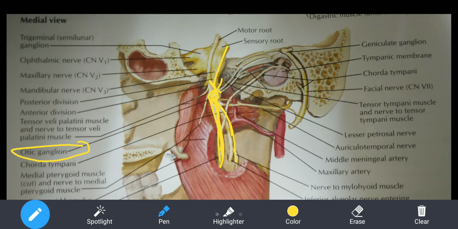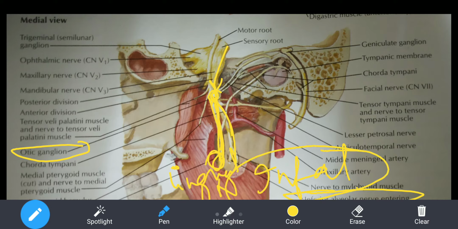Now, as I told you, one is the inferior alveolar nerve, and here it is the lingual nerve. Lingual we already discussed, it is going to the tongue, sensations. But this inferior alveolar nerve, see, one more thing I was going to tell you.